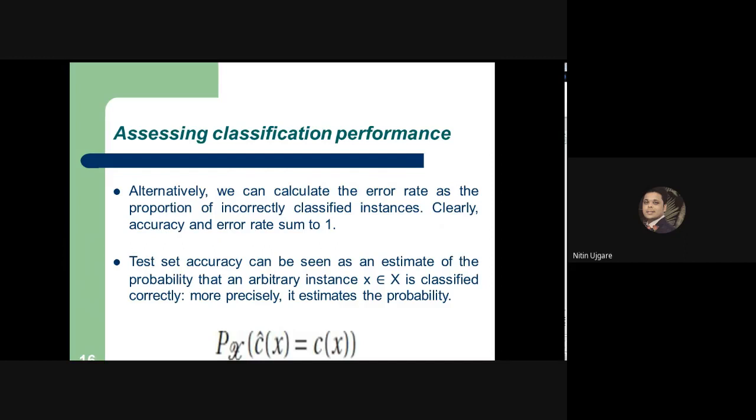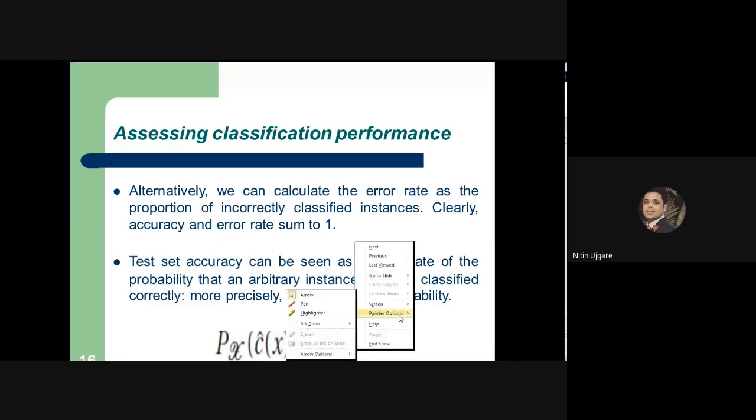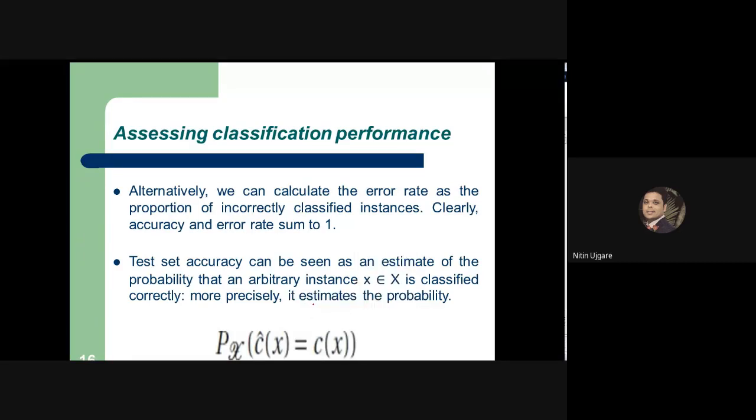Alternatively, we can also calculate the error rate as the proportion of incorrectly classified instances. Clearly, accuracy and error rate sum to 1. So accuracy plus error rate is always equal to 1.